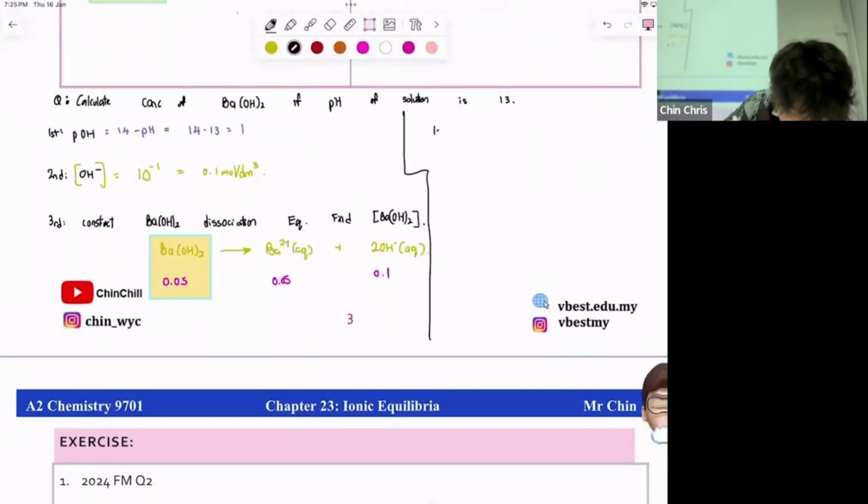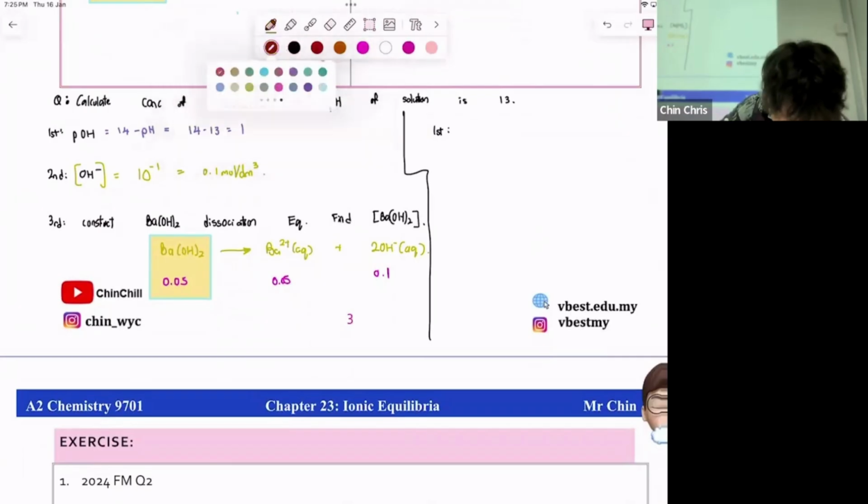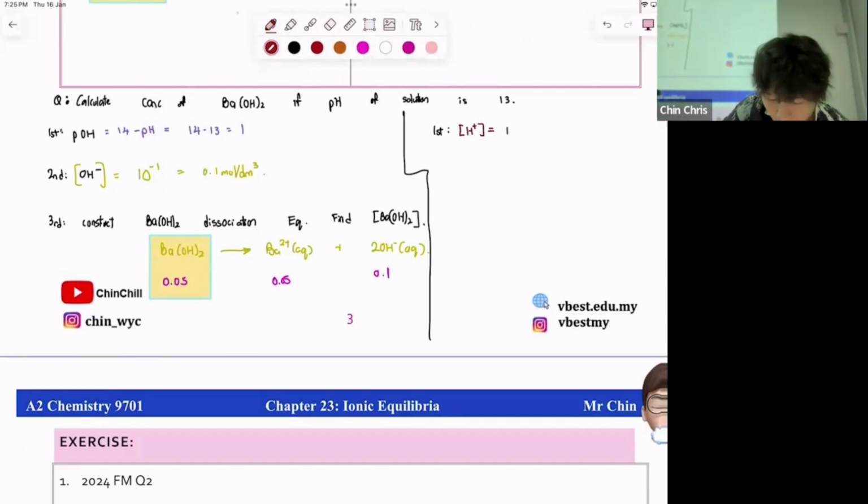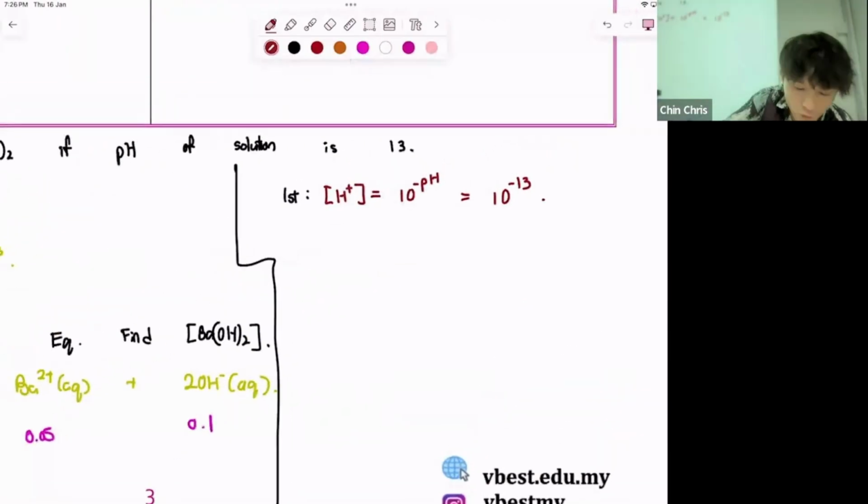First, the concentration of H+. How to get the concentration of H+ again? It's 10 to the power of negative pH, 10 to the power of negative 13. Once you have your concentration of H+, second, the concentration of OH minus. How to get the concentration of OH minus?